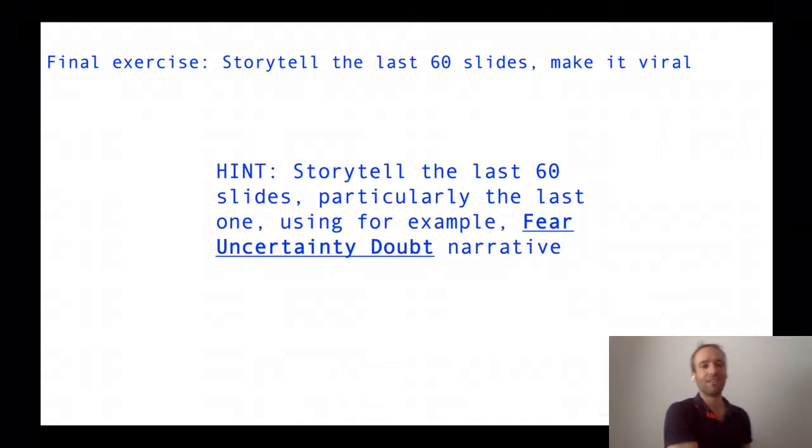And I'm going to give you a hint. There's this narrative called FUD, maybe you heard it. It's called the Fear, Uncertainty, and Doubt narrative. And what this narrative does is instill fear, uncertainty, and doubt in a story to advance a certain purpose.